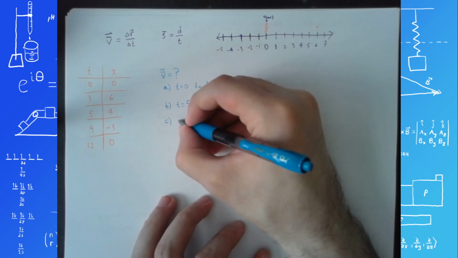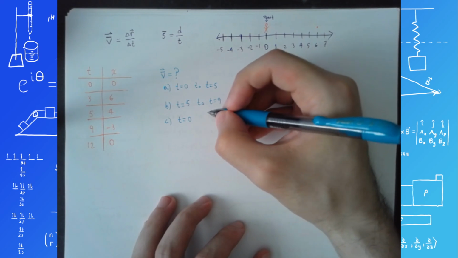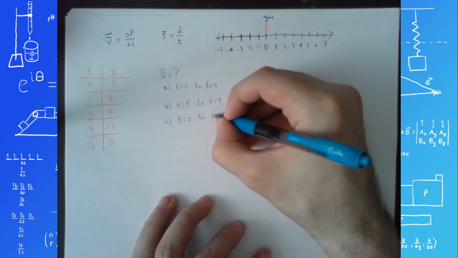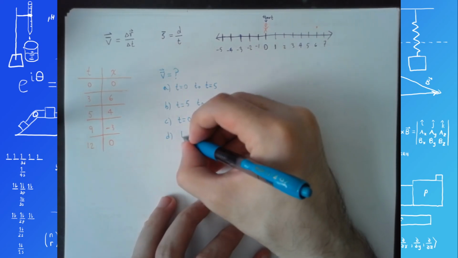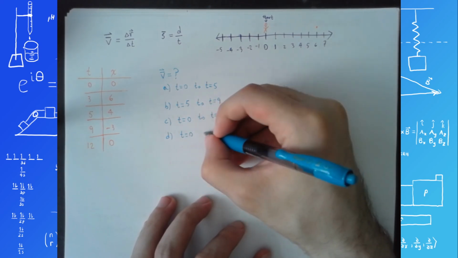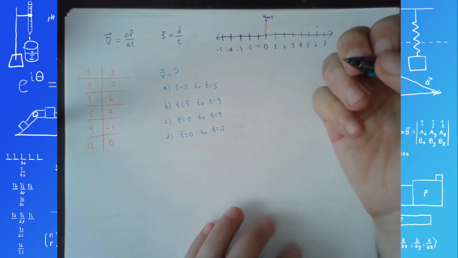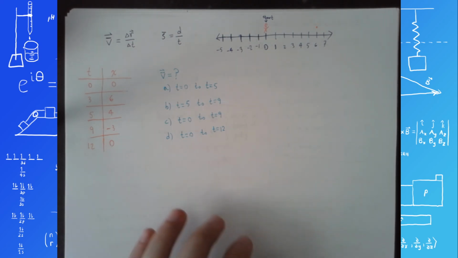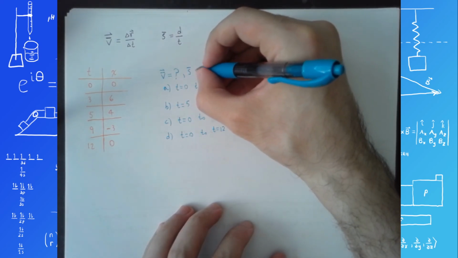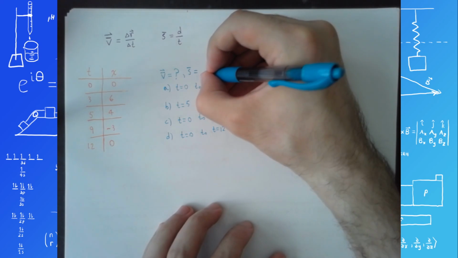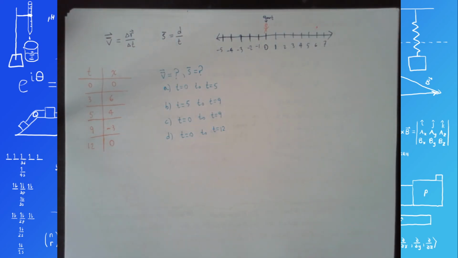And then C from t equals 0 to t equals 9. And part D from t equals 0 to t equals 12. Let's answer each of those questions. And also, we might as well, what's the average speed for each of those time intervals as well?